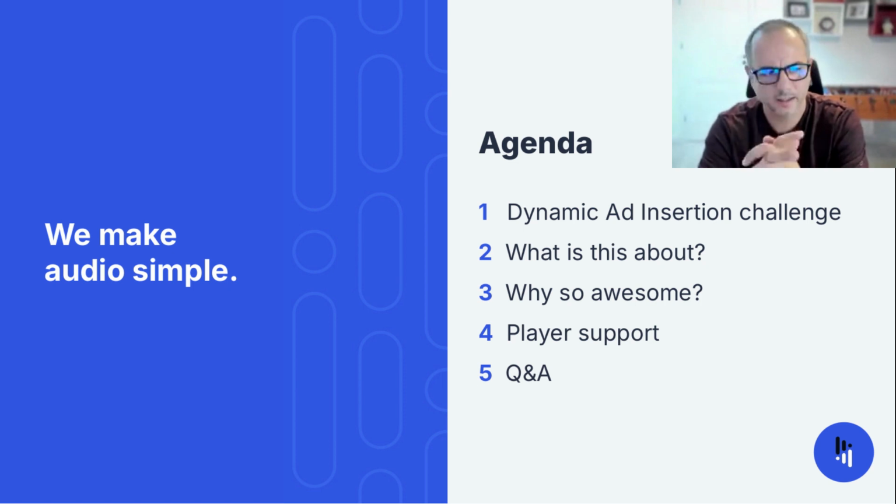So this is why I think in this group it's a good opportunity to talk a bit about it. We'll start with a bit of history of dynamic ad insertion and why this is complicated and why HLS Interstitial may help a lot, how HLS Interstitial works, and a bit about player support.